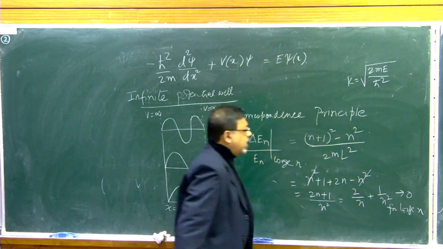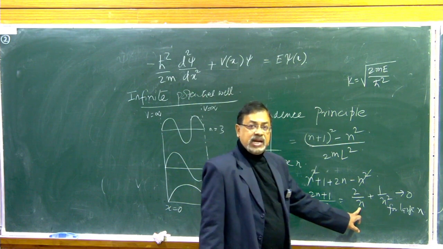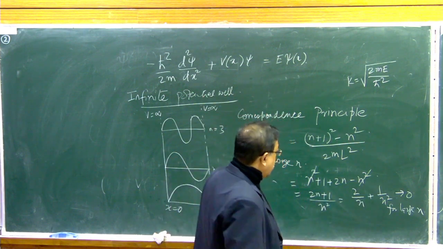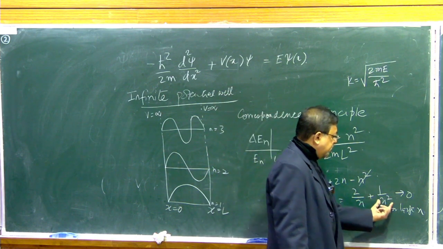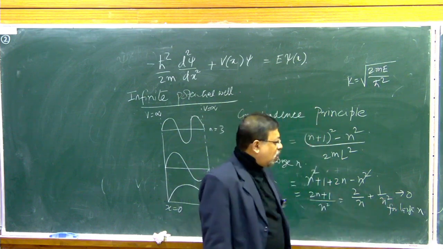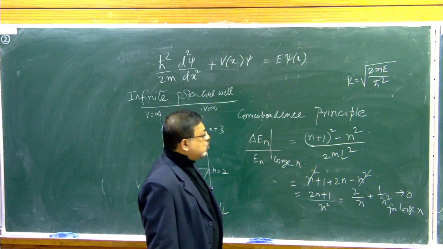The dominant quantity is 2 over n, because 1 over n square is even smaller for large n; in fact, it goes to 0 faster. So that's the dominant one, not this one. Anyway, it goes to 0.